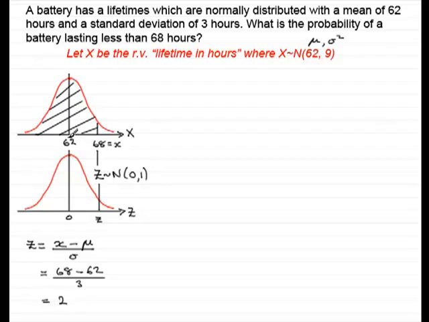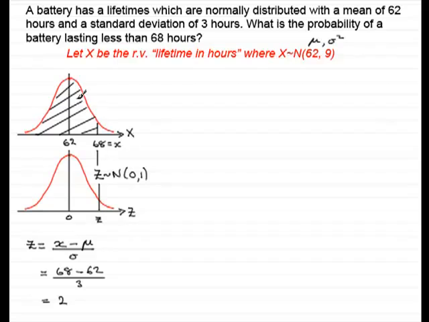And you can actually see that in this example very easily, because if the standard deviation is 3, then if I double that, that's going to be 6, and if I step 6 units above 62, it's going to take me to 68. So 68, as you can see, is 2 standard deviations above the mean. Z is 2.